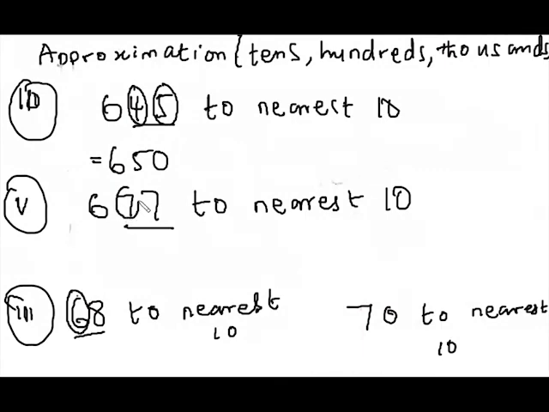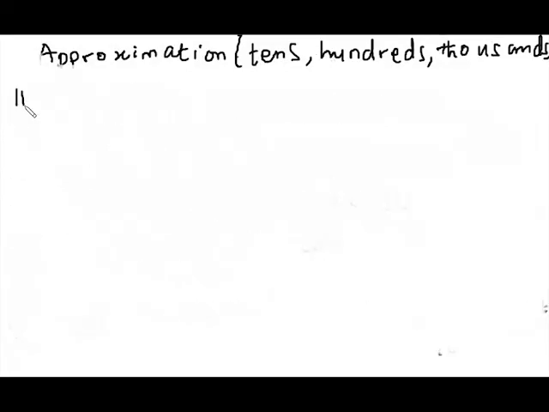Now the most important one is the first number from the left. So you're going to have to round this number and add it here. So this is 7 rounded to 1 and then added to 6 here. So this is 680 to the nearest 10.